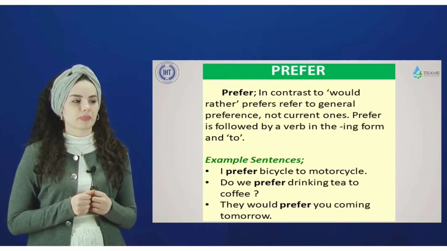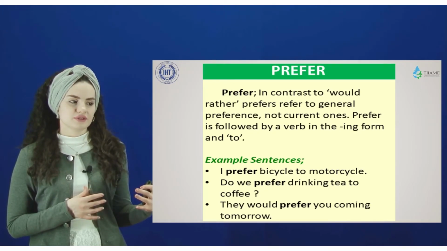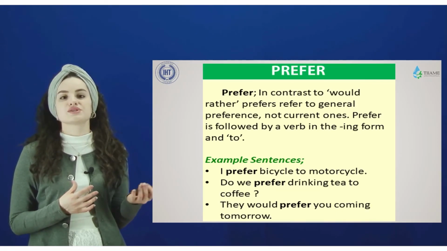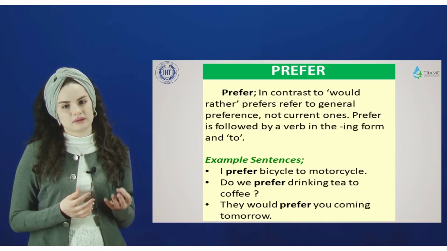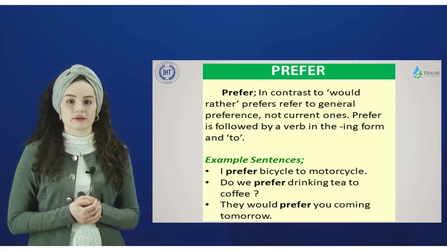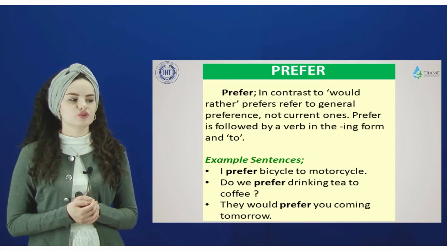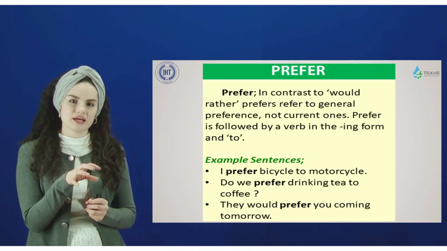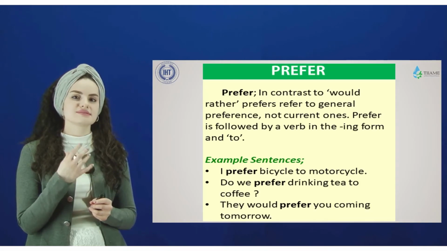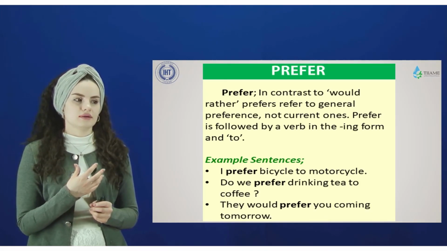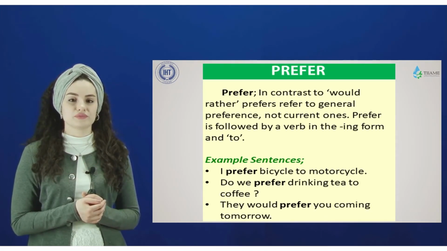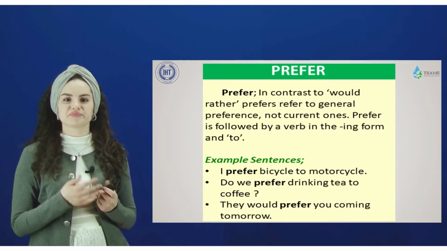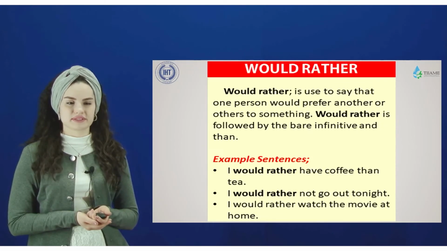For example, do we prefer drinking tea or coffee? Actually, can you see the ing ending is following the word prefer. Example number 3 is, they would prefer you coming tomorrow. Sometimes we may add pronouns between the word prefer itself and another form of gerund. So here you are, examples of how it is possible and how we can use it.